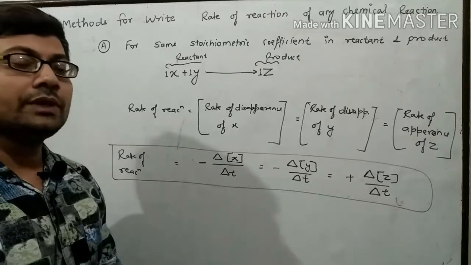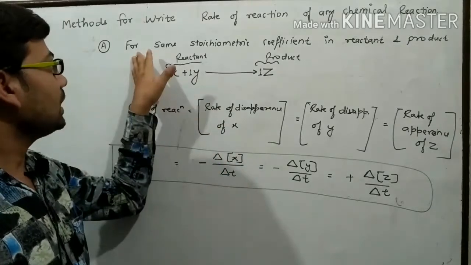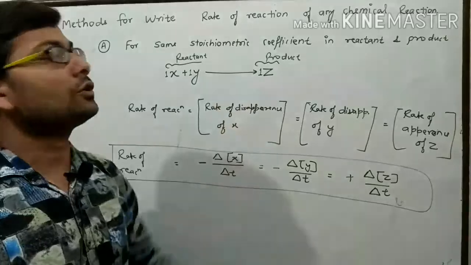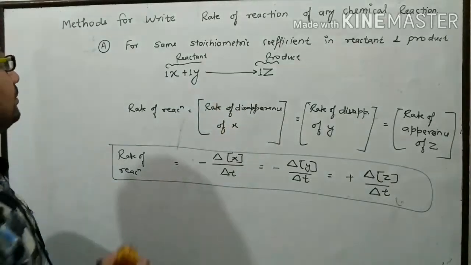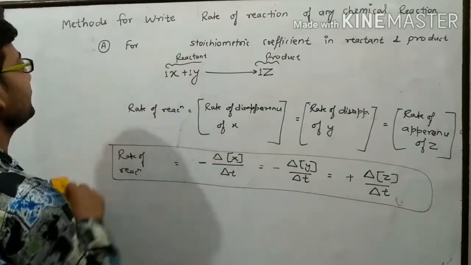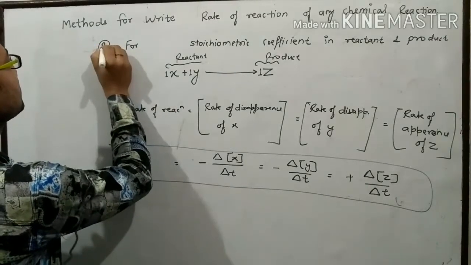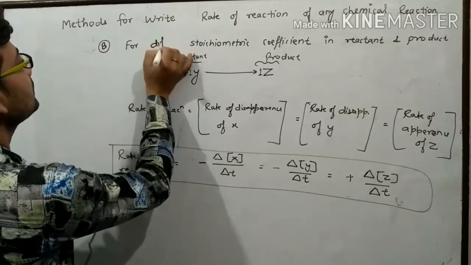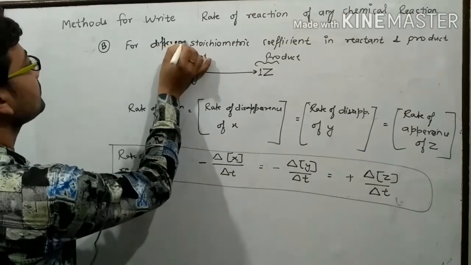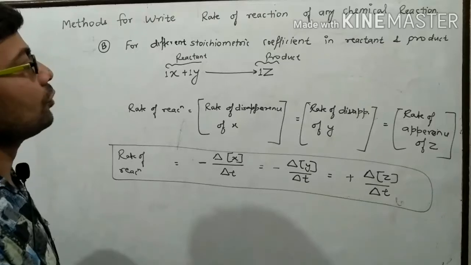But now we discuss different stoichiometric coefficients. अब जो हम डिस्कशन करेंगे, टाइप B होगा, for different stoichiometric coefficient.